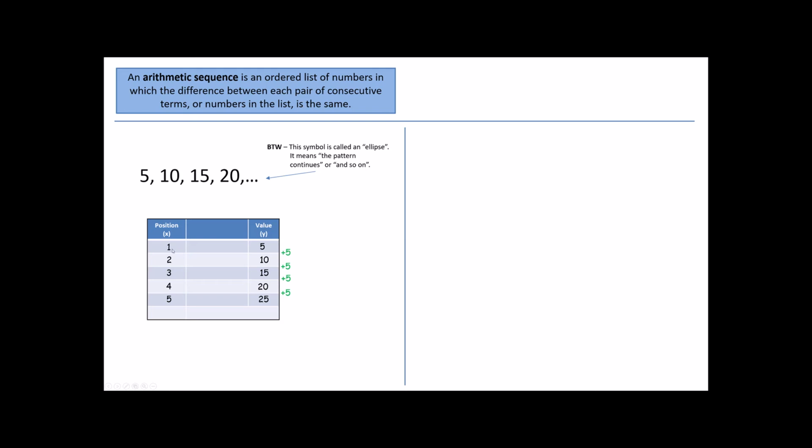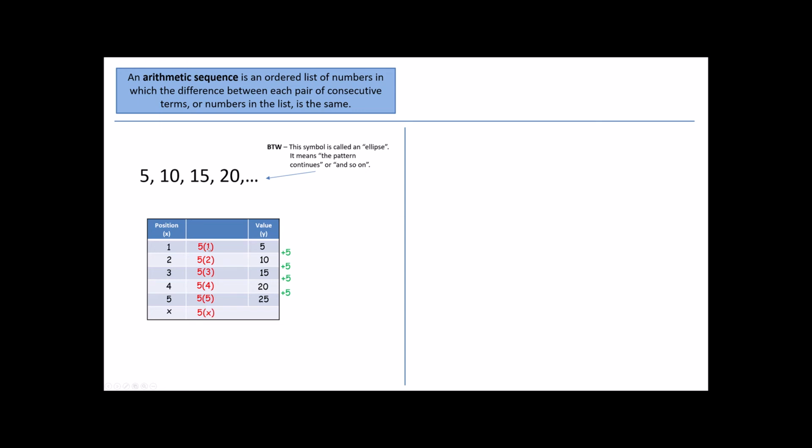So in position 1, I would say I have 1 five. In position 2, I would say I have 2 fives, 3 fives, 4 fives, and 5 fives. And you can see that in my center column, I'm always having a 5, but the number in the parentheses matches whatever I select for my x value.